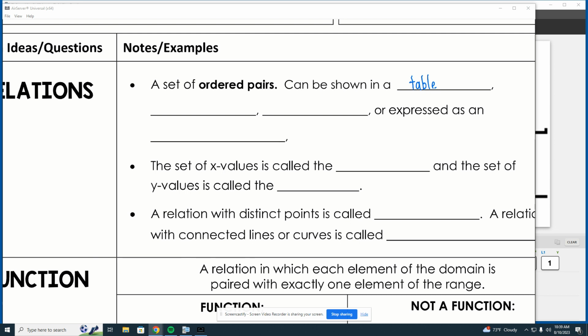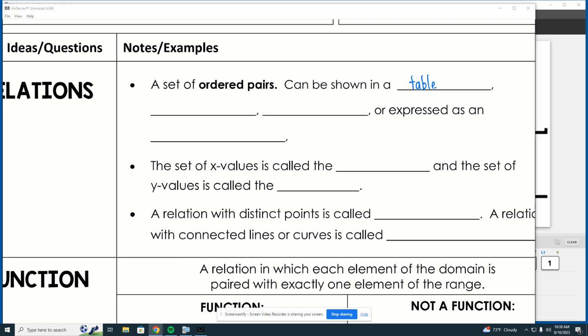What is an ordered pair always made up of? An X and a Y. When we think about a vertical table, where's the X always located? It's the first one, the one on the left. And the range, or the Y, is always to the right. So X is on the left, Y is on the right. That's what our table would show.